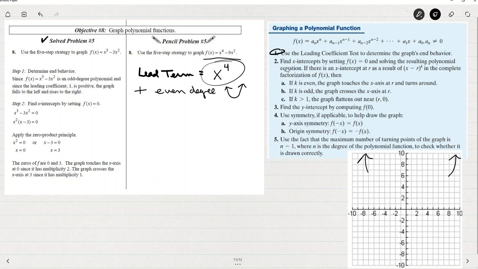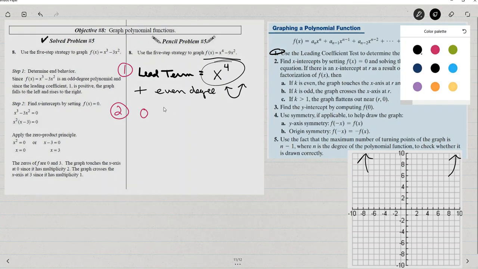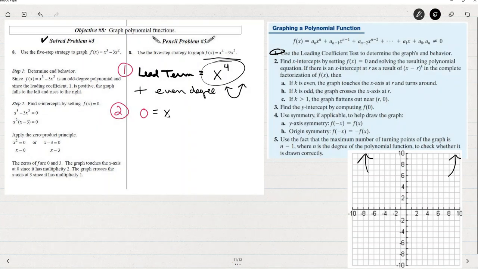Number 2, find the x-intercepts by setting f of x equal to 0. So that was number 1. Number 2, the x-intercepts. If I let f of x equal 0, so I have 0 equals x to the 4th minus 9x squared, I can solve that for x by factoring.